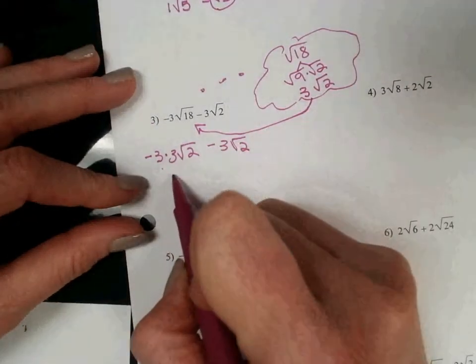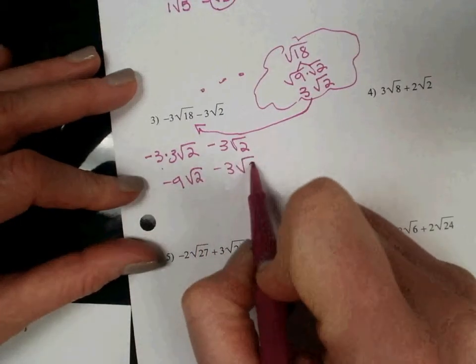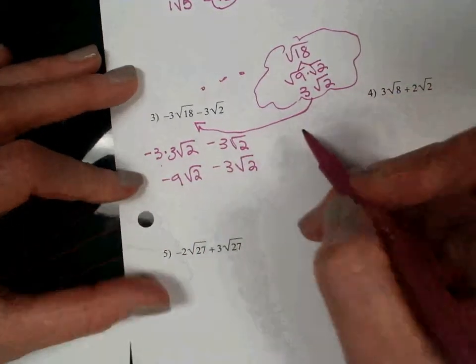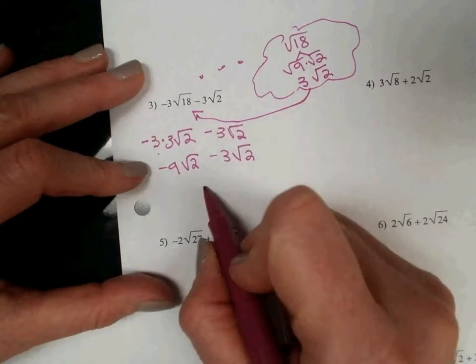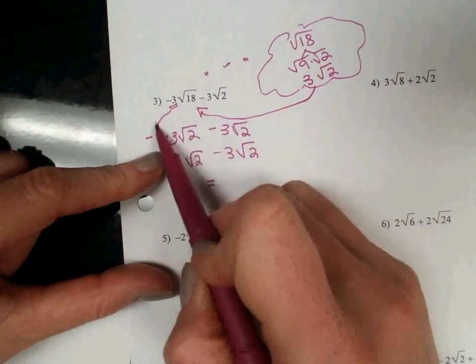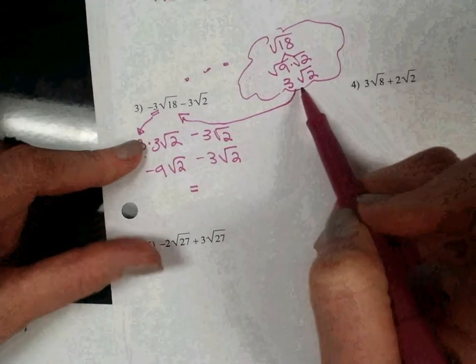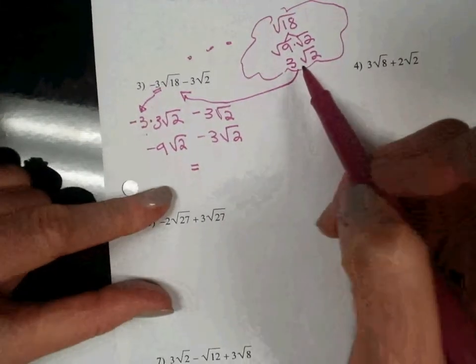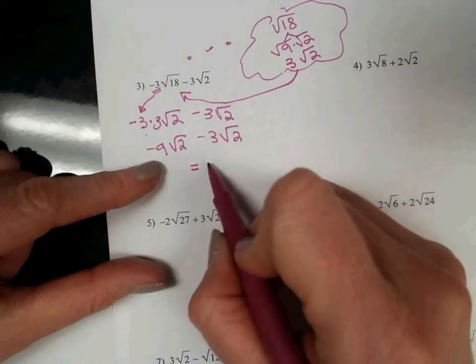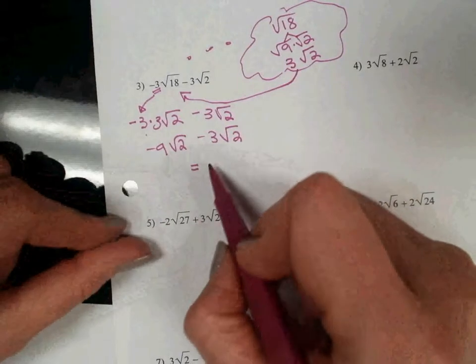Negative 3 times 3 is negative 9. This was a negative 3, so that stays. So negative 9 minus 3 is negative 12.